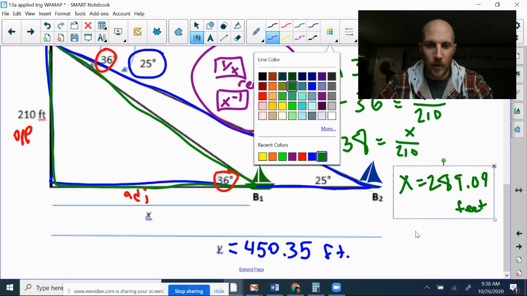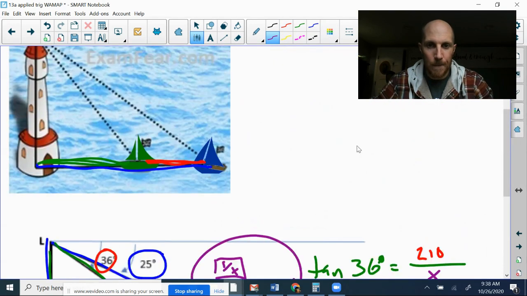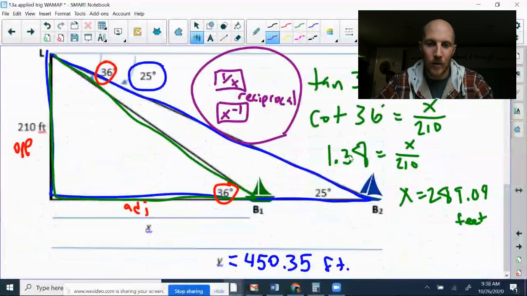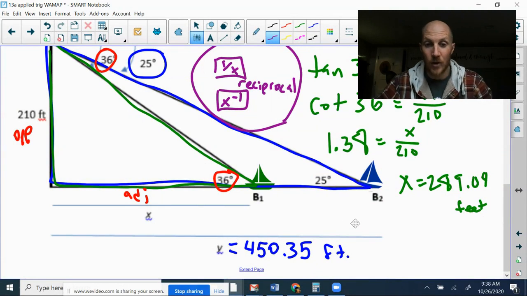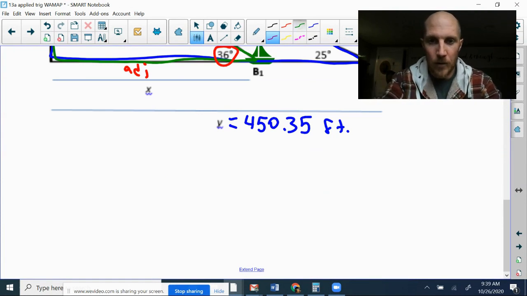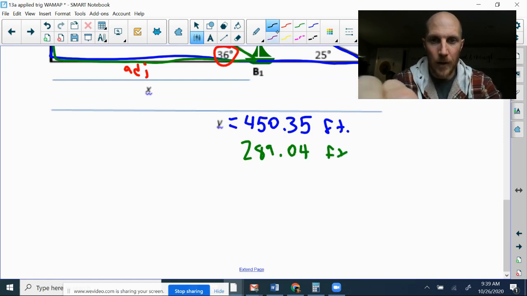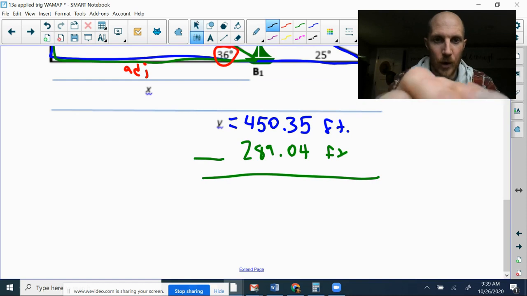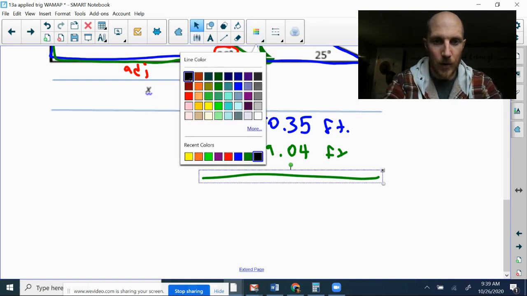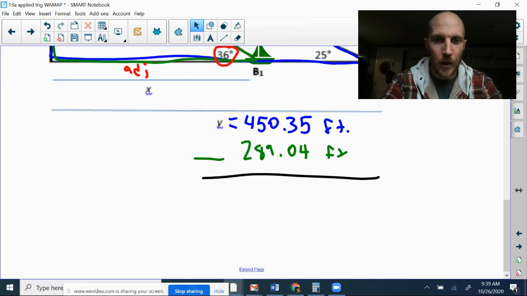So the next step is, since I need to find how far the boat moved, I have two distances. To find the change in distance, I'm going to have to subtract. So I already have my 450.35 written down here, and 289.04, and then subtract. All right, great.